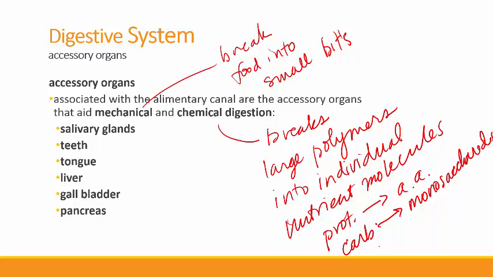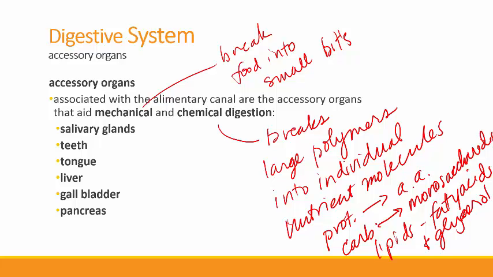And lipids get broken into fatty acids and glycerol, if it's a dietary lipid. Glycerol. So those are the primary nutrients that get broken down as part of chemical digestion.